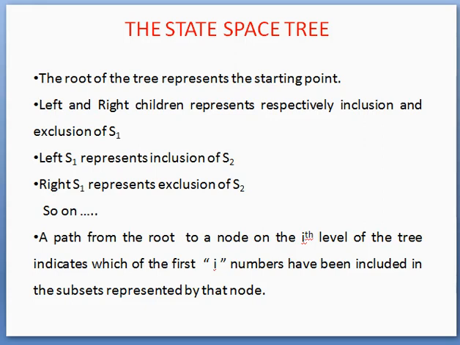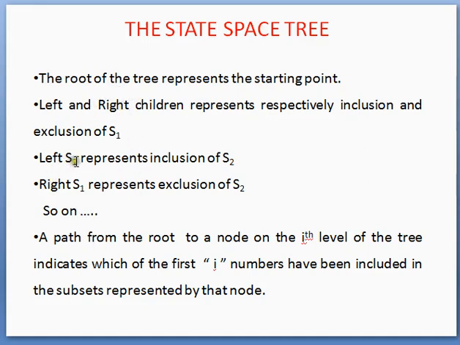So before selecting any element from the given set, first I need to write a root as the starting point. After the root, we go for the first element and either I can include that element or I can exclude it. If I include it, I represent it as the left child, and if we are excluding it, we represent it as the right child.